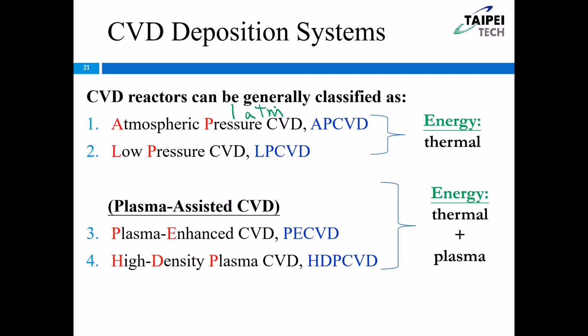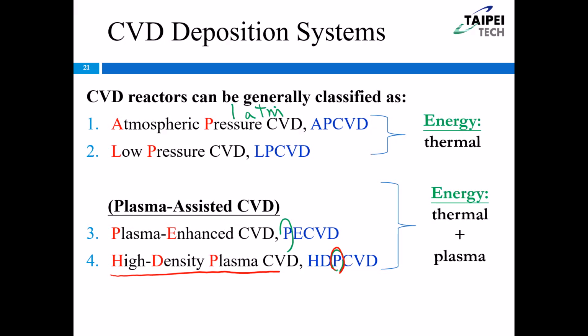However, now if we focus on PECVD, P means plasma, E means enhanced, plasma enhanced CVD, or HDPCVD, high density plasma CVD. Okay. When you see number 3 and number 4, you will see we do have the plasma. So number 3, we call it PECVD, plasma enhanced CVD.